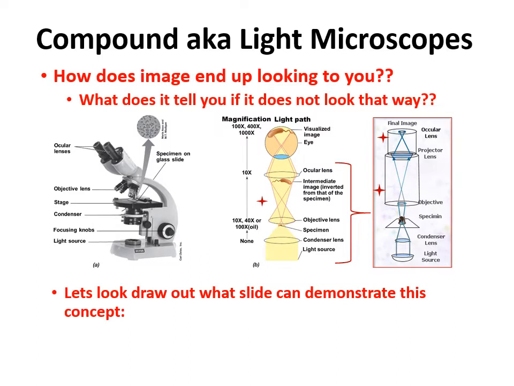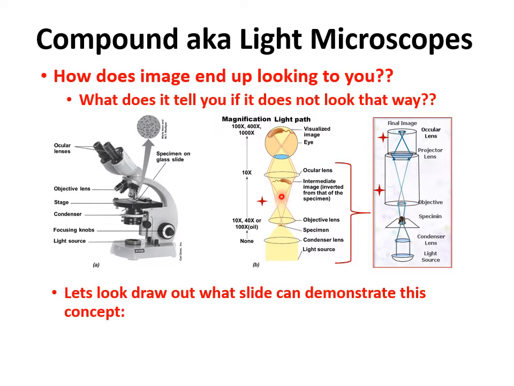Now, basically, when the light is going through those lenses in order to get to your eyes, you'll notice that the light rays end up crossing. So between where the specimen is, that microscope slide, and your eyes, the light rays end up crossing once, okay?